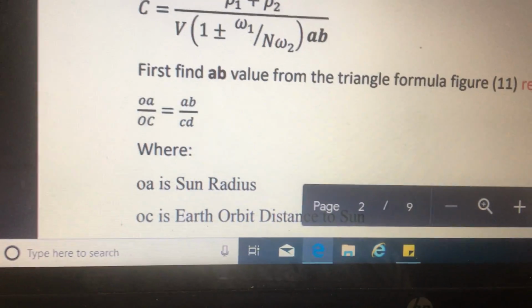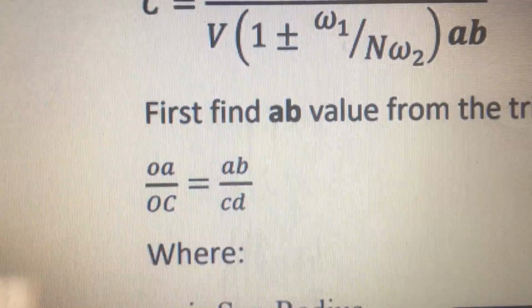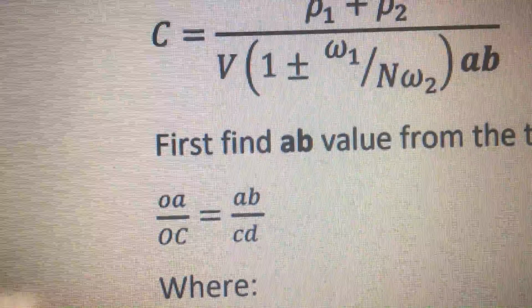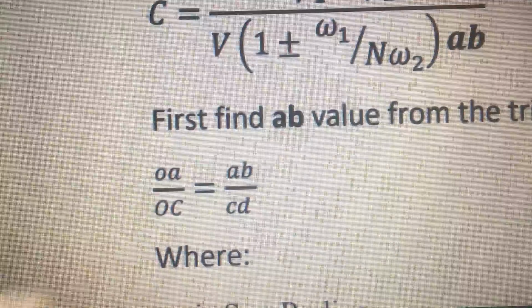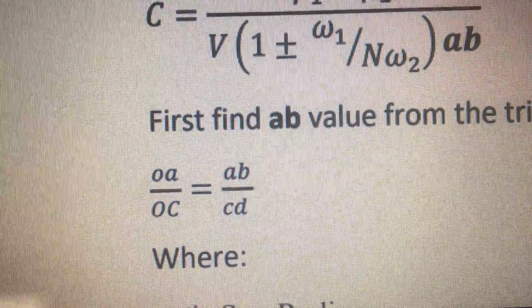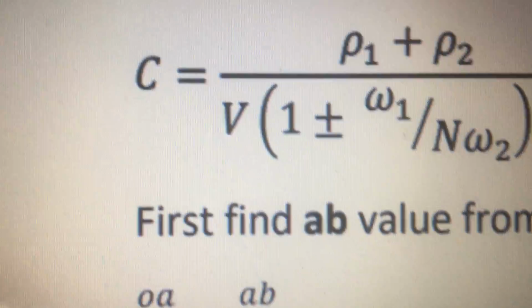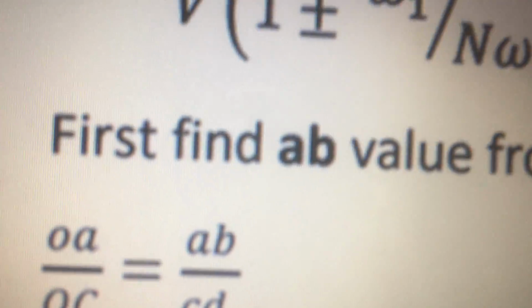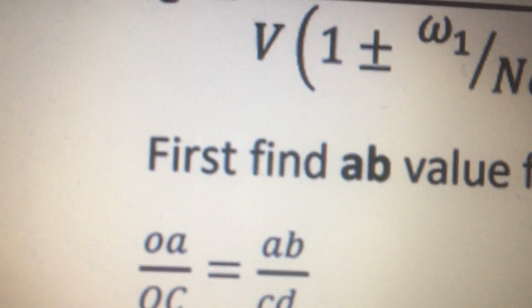This is the second equation, as I showed you in video number 2: OA over OC equals AB over CD. This is called the triangle equation to get the missing part, which is AB. We know OA, which is considered the sun radius.